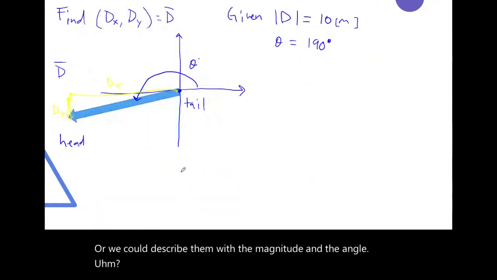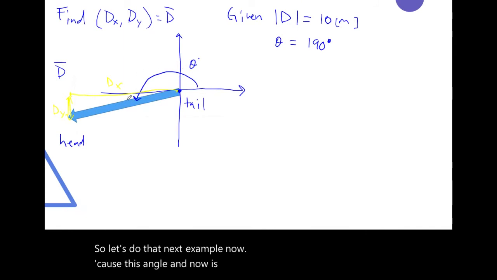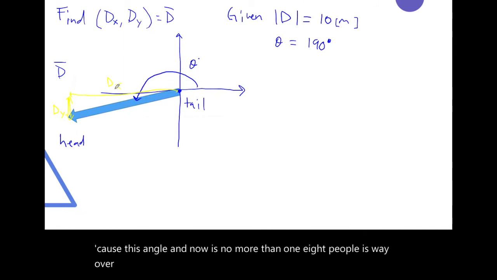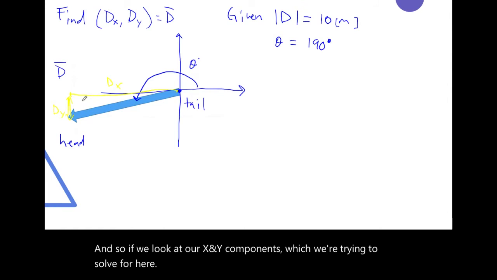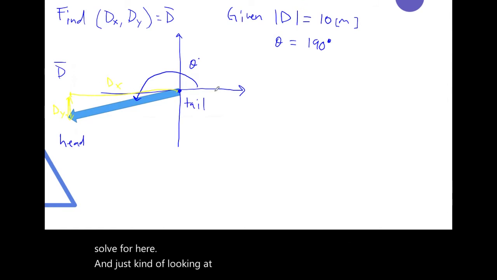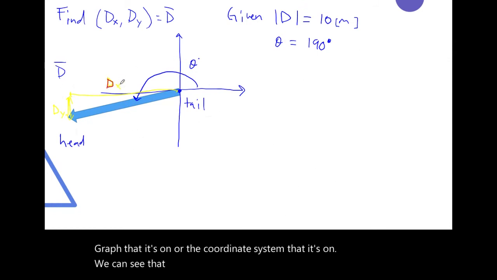Yeah, so let's do that next example now, because this angle now is more than 180. It goes way over here. And so if we look at our x and y components, which we're trying to solve for here, and just looking at it based off of the coordinate system that it's on, we can see that this dx must have a negative value, right?